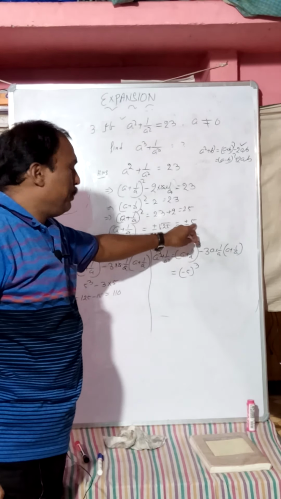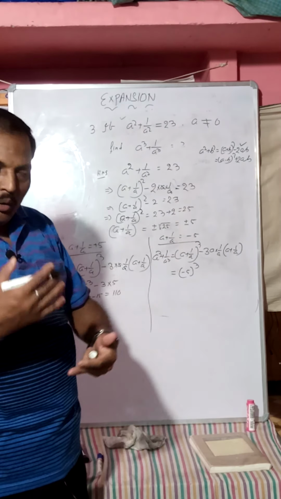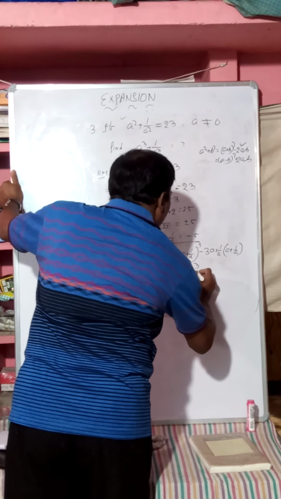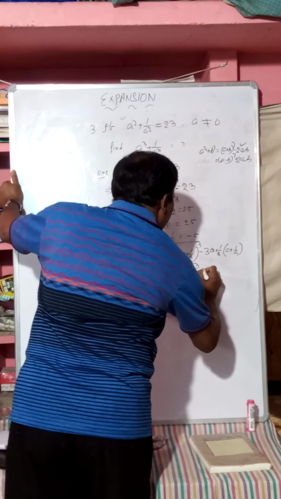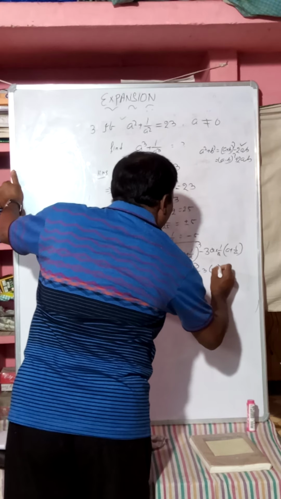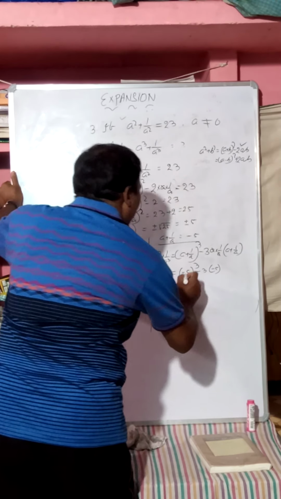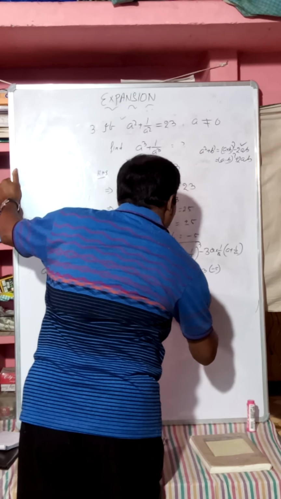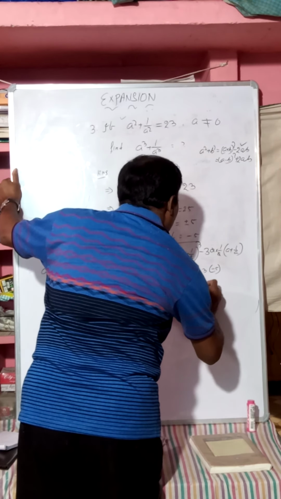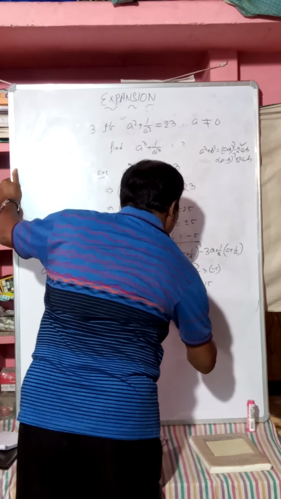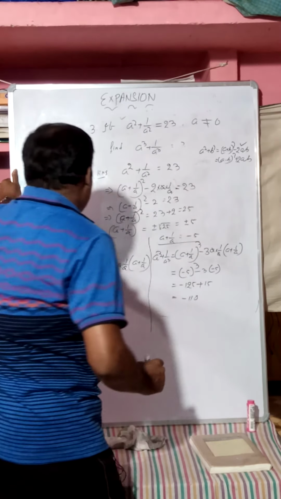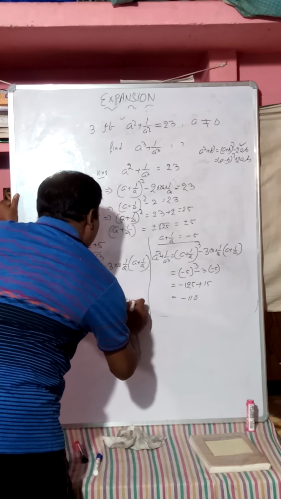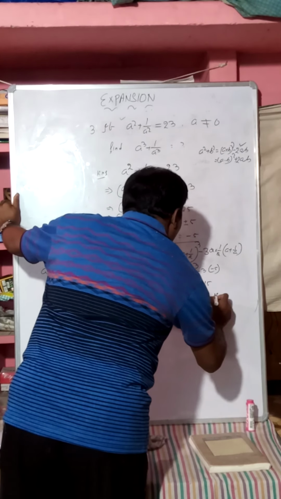One answer will be plus 5, another answer will be minus 5. So minus 5 whole cube minus, a cancels, 3 into minus 5, that is equal to minus 125 minus into minus plus 15, that is equal to minus 110. So here is the dual value, this is the answer: plus 110 and minus 110.